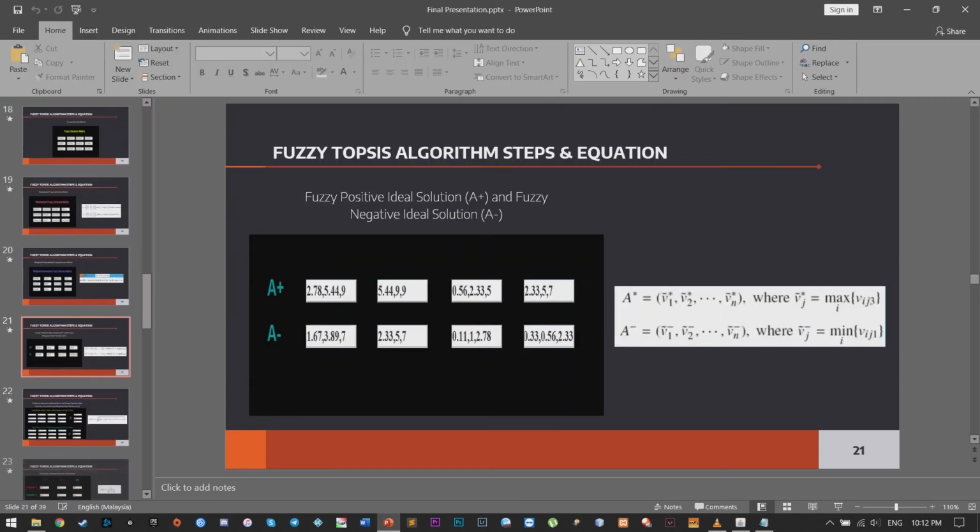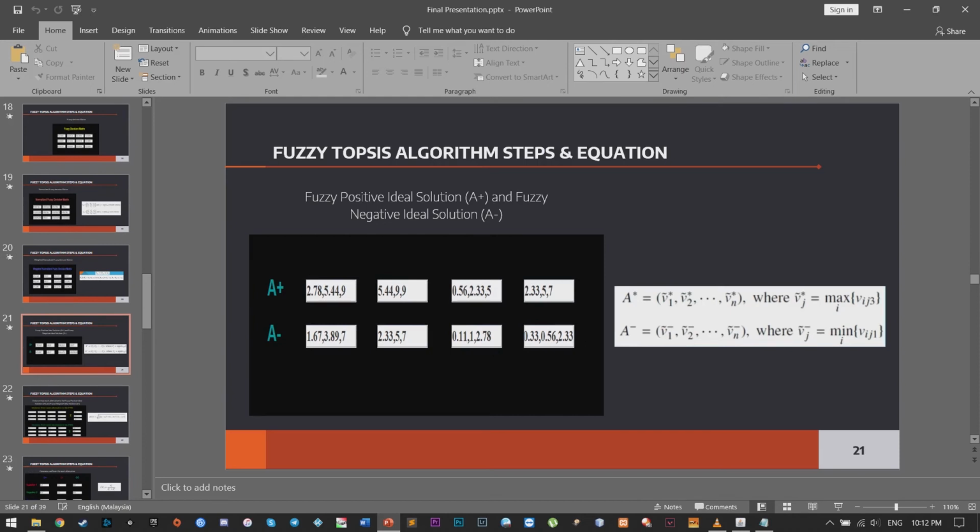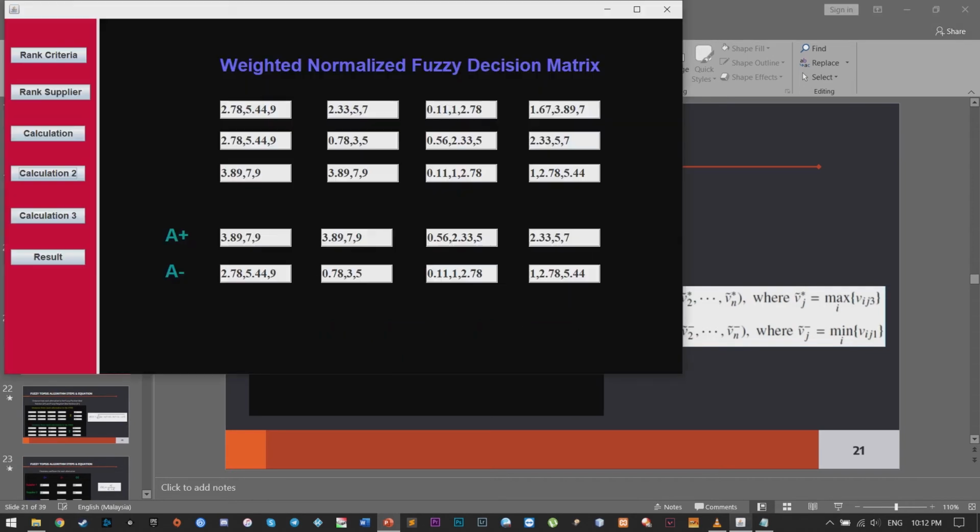And then next is to get the fuzzy positive ideal solution and fuzzy negative ideal solution, or in short form FPIS and FNIS. To get this value, the fuzzy TOPSIS algorithm will compare like before, but if there is a case where the third value has the same number, in this case, like the second row and the third row in the third column, where the value is 9, the algorithm will switch to the middle part.